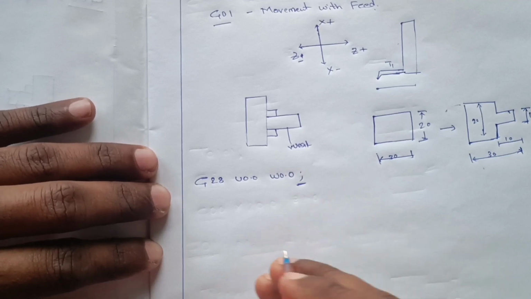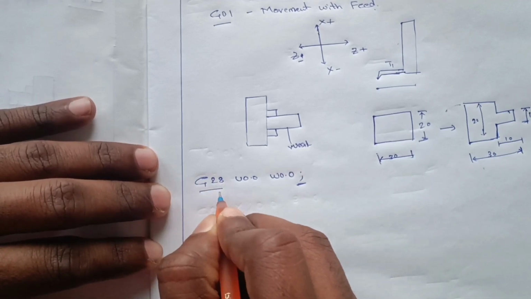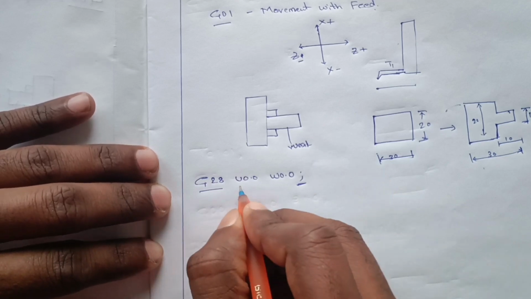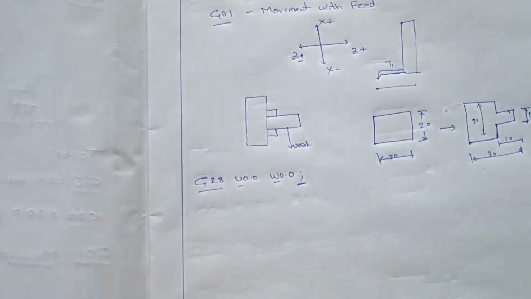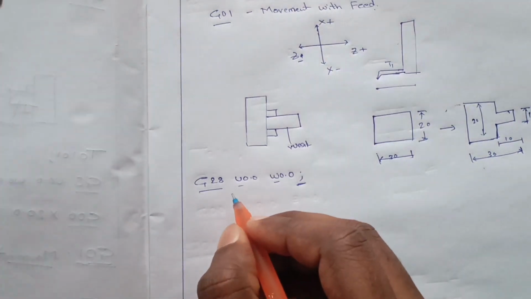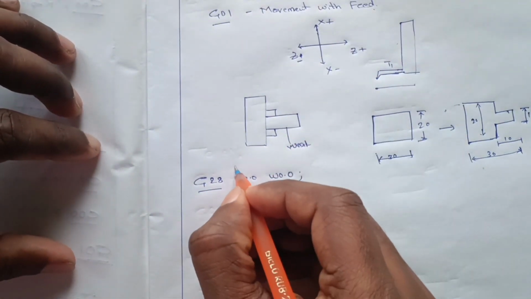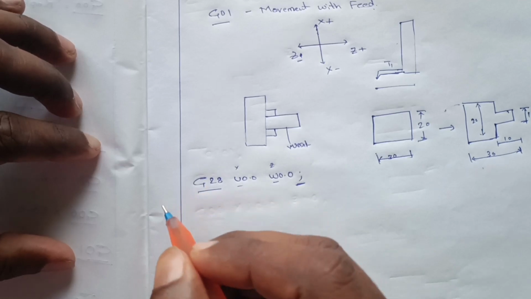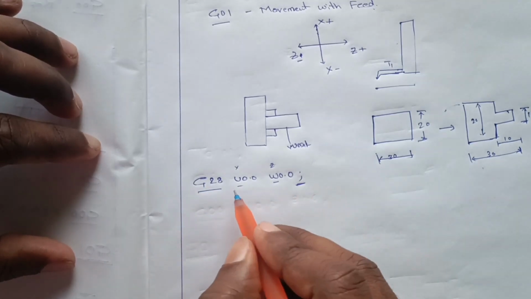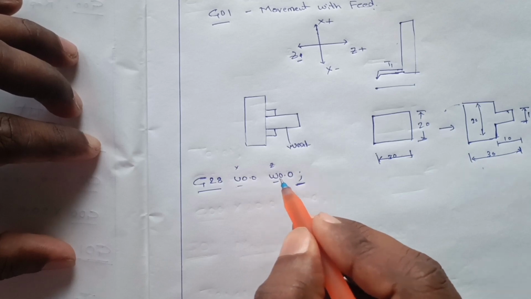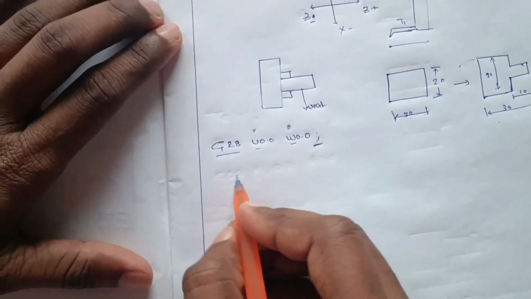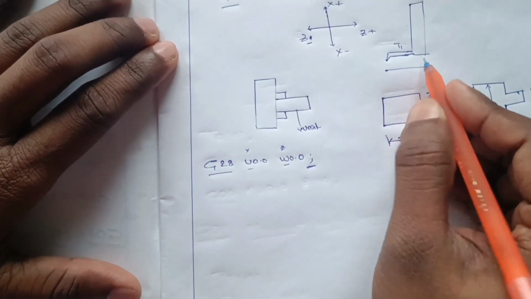G28 is the home position, so U and W are the indications of X and Z. U is X and W is Z. When we use G28 and G00, we mainly use U and W to represent X and Z. Now it is in the home position.